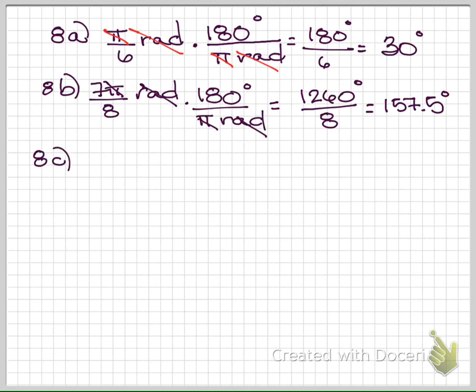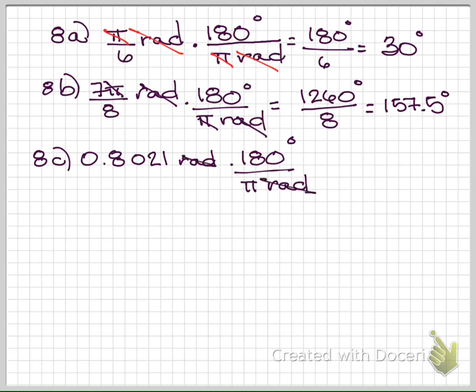8c looks a little different. I got 0.8021 radians. A little unsettling here. I can't just plug in the 180 for pi because I do not have a pi in there. I can still convert the same way. I'm multiplying this by 180 degrees over pi radians.